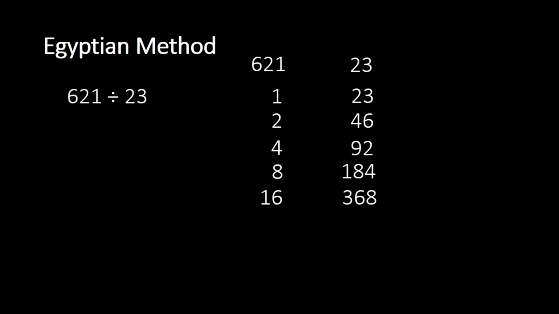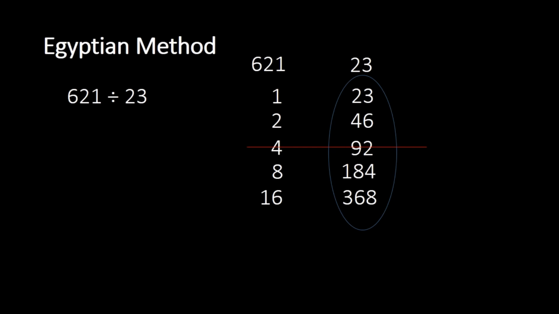Okay, so it's still smaller than 621. So we can continue. So add 92, we'll get 644. Now that is already too big. So we can slash that off.